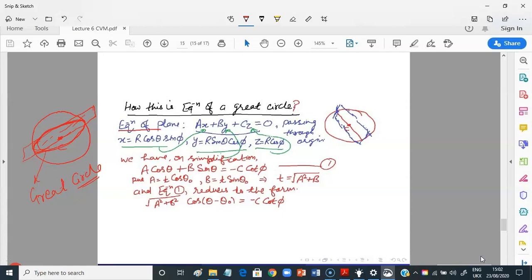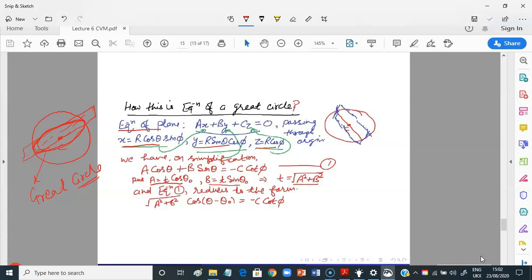Now consider that the equation of a plane passing through the origin is given by ax plus by plus cz equal to 0 in Cartesian form. Now in spherical coordinates, x is this, y is this, and z is this. You put the values of x, y, z over here and we get this form. Now here I put a equal to t cos theta naught, b equal to t sin theta naught, and squaring and adding gives us t equal to the square root of a square plus b square.